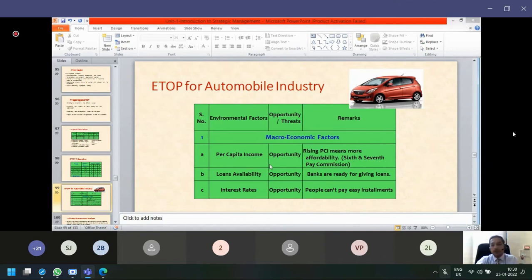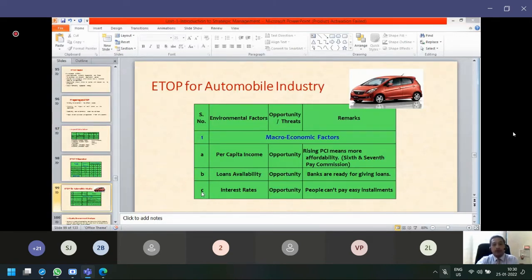So we can say that banks are ready for giving loans. We have formulated it as a statement which is helpful for the decision of managers: banks are ready for giving loans. So loans availability is an opportunity, and it is beneficial for the company because banks are ready for giving loans, which is an opportunity to sell more cars.